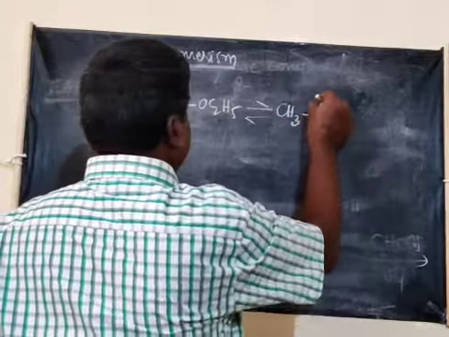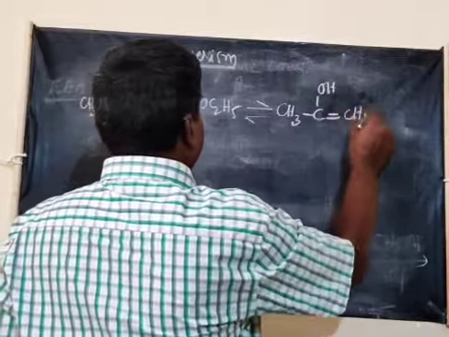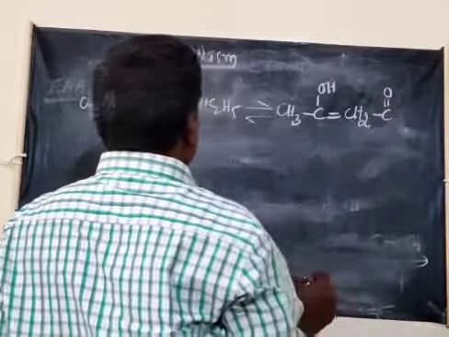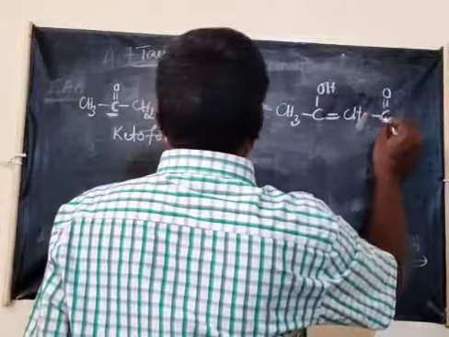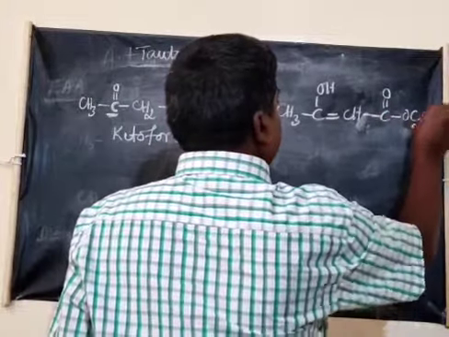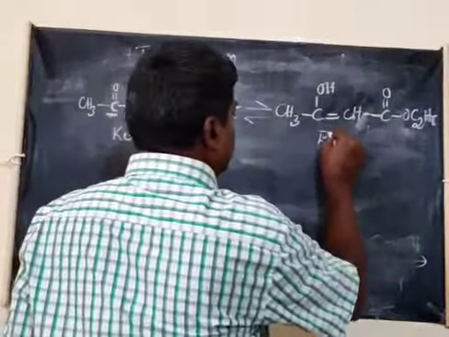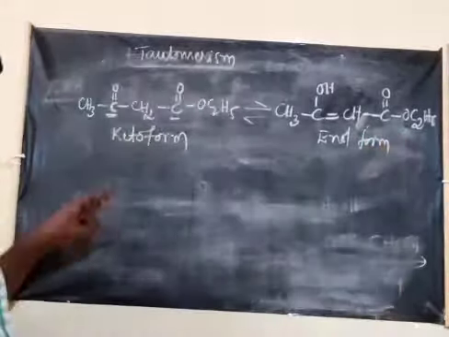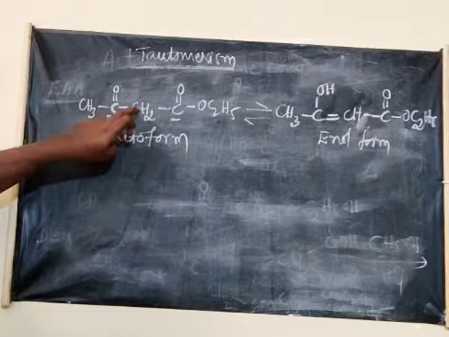So C(OH)=CH, C=O, OC2H5. This is the keto form and this is the enol form. The compound exists in the ketonic form with two keto groups.